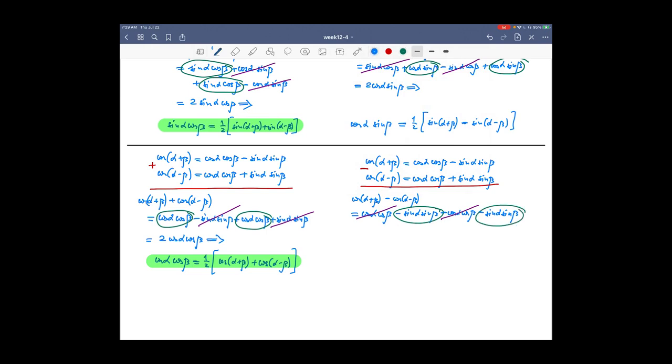So from here, combining them, I get negative 2 sine alpha sine beta, and dividing by negative 2, I get that sine alpha sine beta equals 1/2.